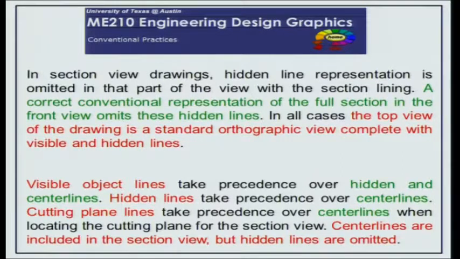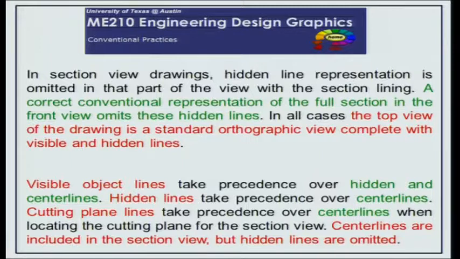In section view drawings, hidden lines. This is from University of Texas at Austin. In section view drawings, hidden line representation is omitted in that part of the view with the section lining. This is important. A correct conventional representation of the full section in the front view omits these hidden lines, something that you know.